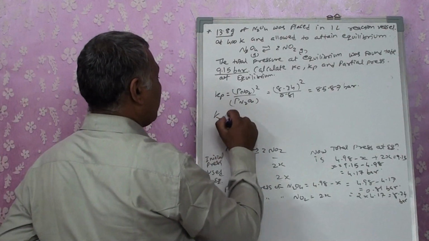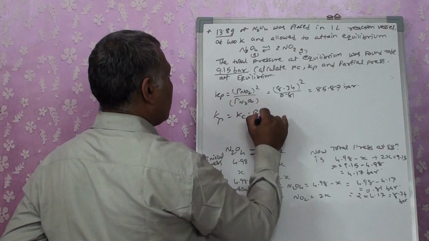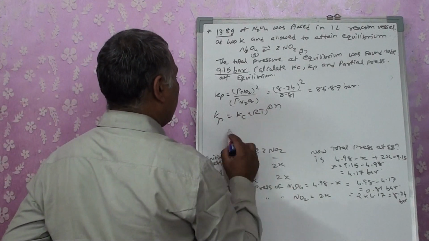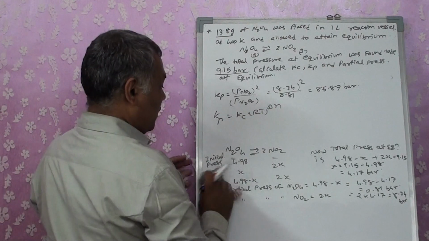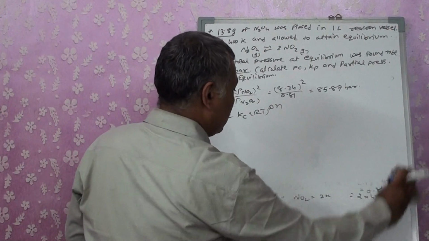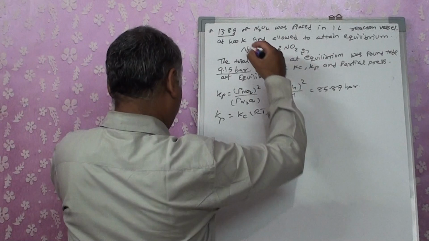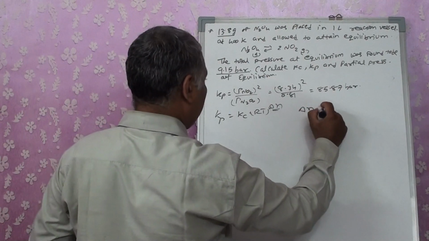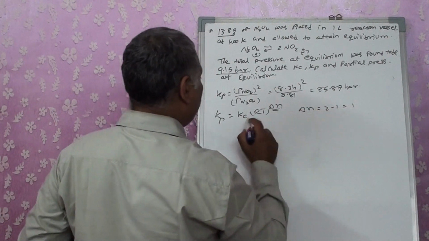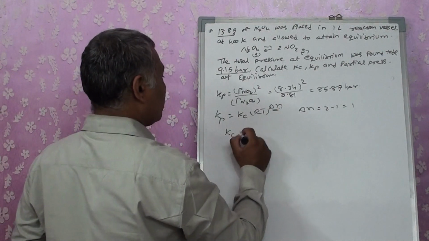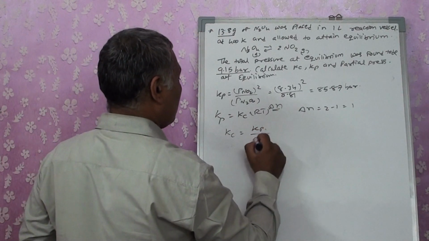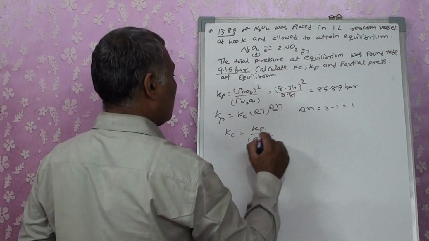Right? Now I want to calculate Kc. We have the formula Kp equals Kc into RT raised to delta n. From this, delta n is 2 minus 1, that is 1. So Kc equals Kp upon RT raised to 1.